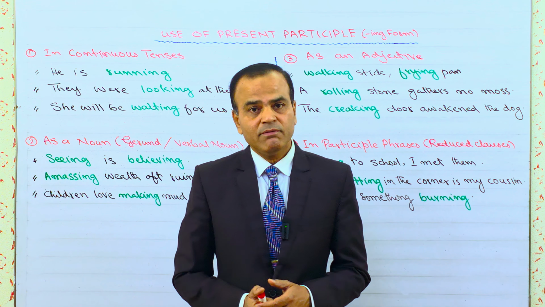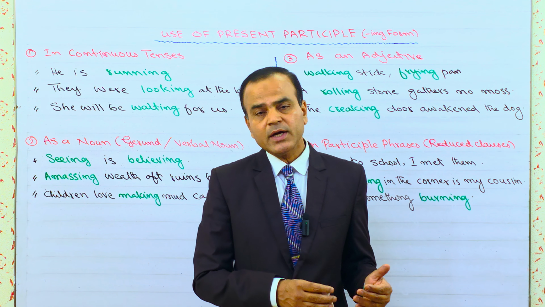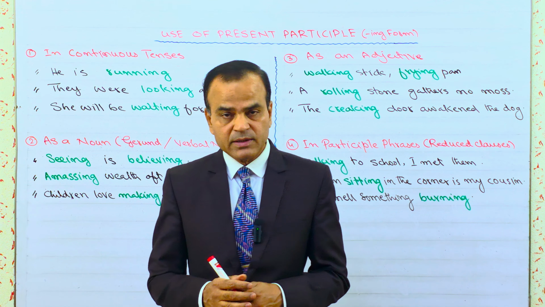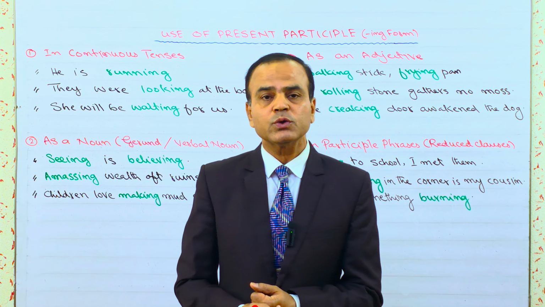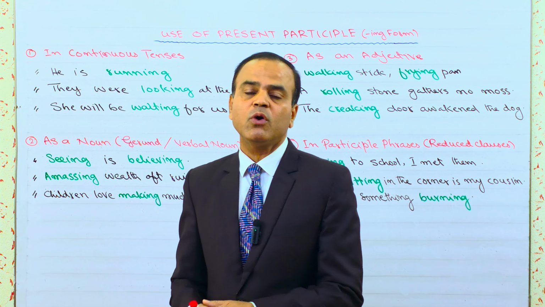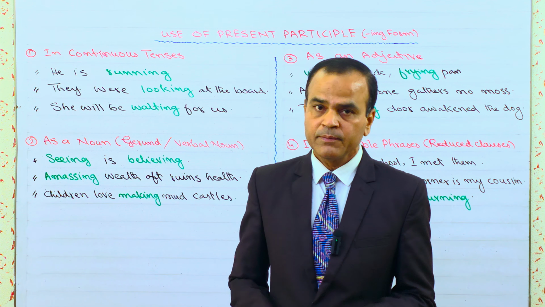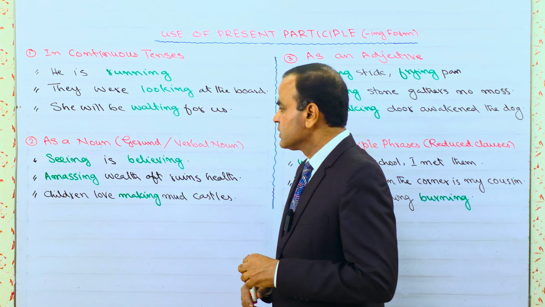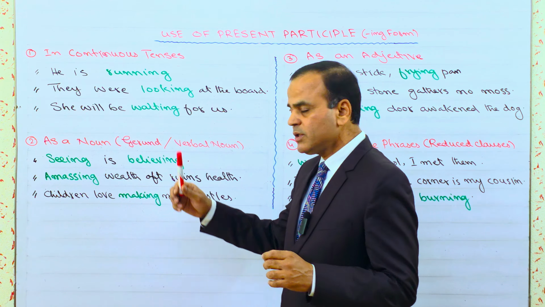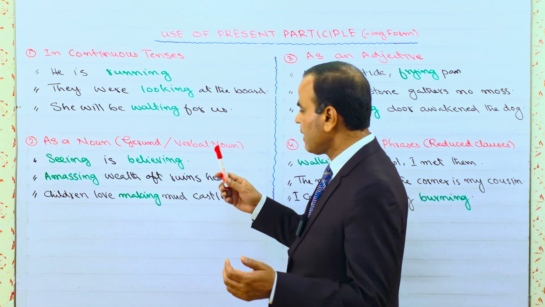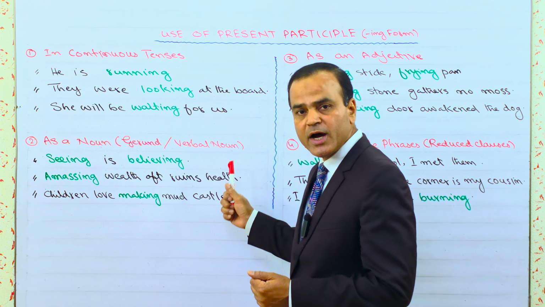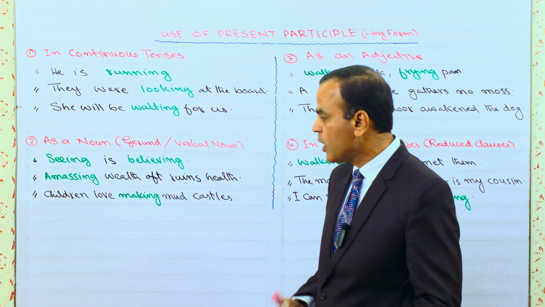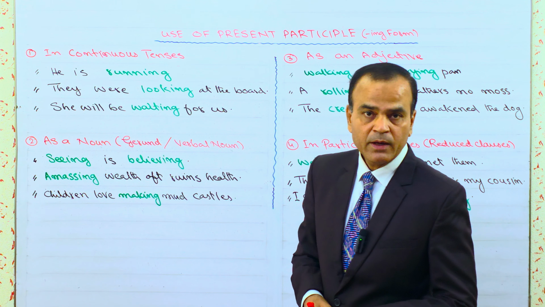Mostly, we have separate words for the names of activities, but sometimes we can also use the ing form of the verb as a noun. In that case, some grammarians call it a gerund, or some call it a verbal noun, meaning the noun that is formed from the verb.